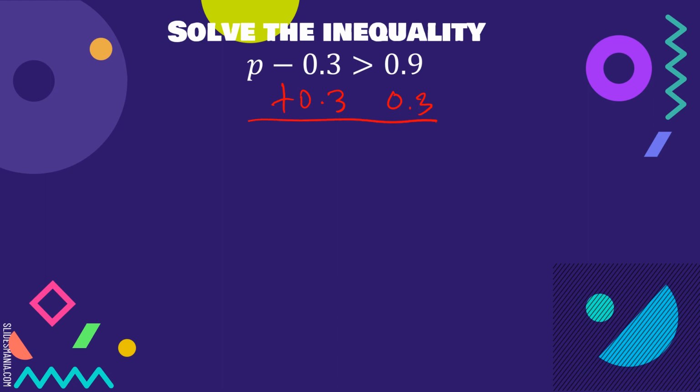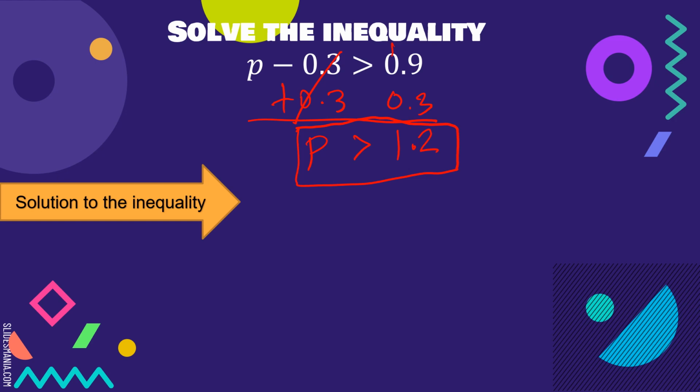Operating this, it will be cancelled out and p will be left on the left side of the inequality, and we are going to copy the sign. Then we add 0.9 plus 0.3, that gives us 12. So 2 carry 1, and then this is just 1. We bring down the decimal point, and this is our solution to the inequality. p is greater than 1.2.